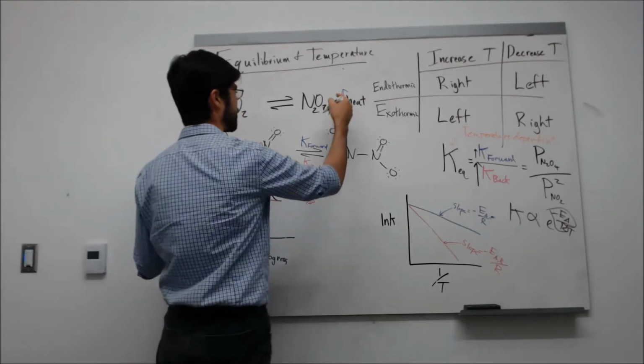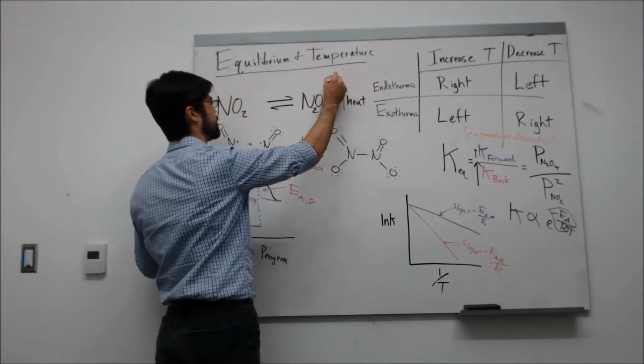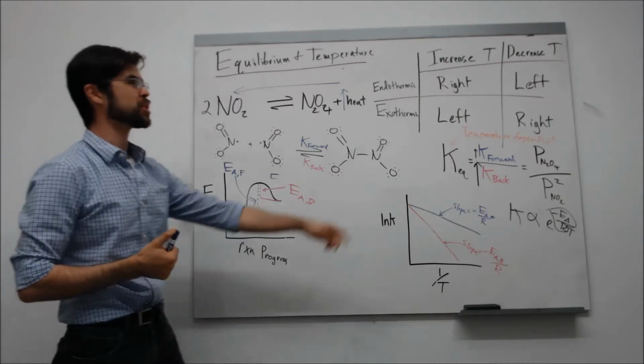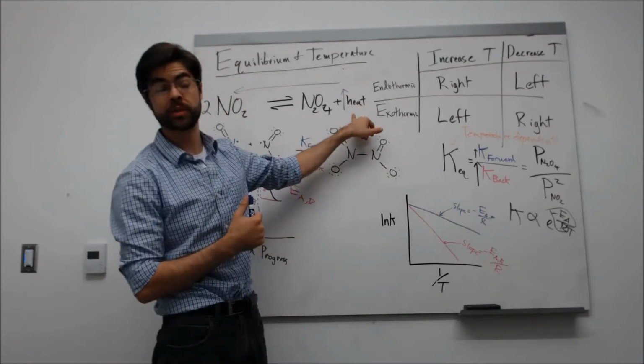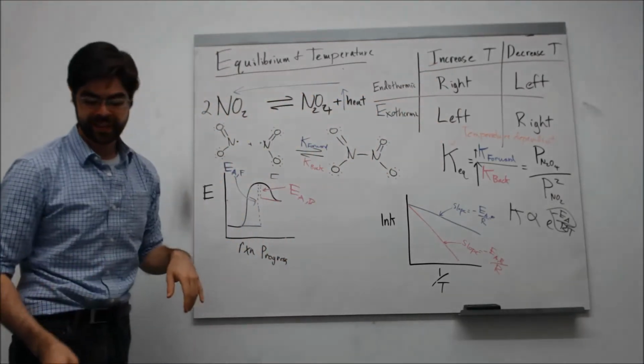And as a result, I increase the concentration, quote unquote, of one of my products, so the reaction shifts to the left. And that matches up with this general observation that for an exothermic reaction, which this is, if I increase the temperature, the reaction shifts left.